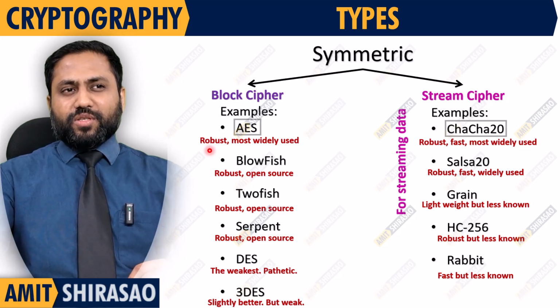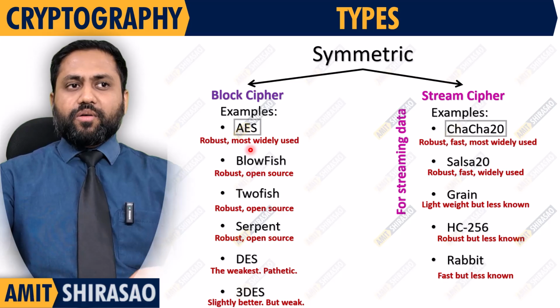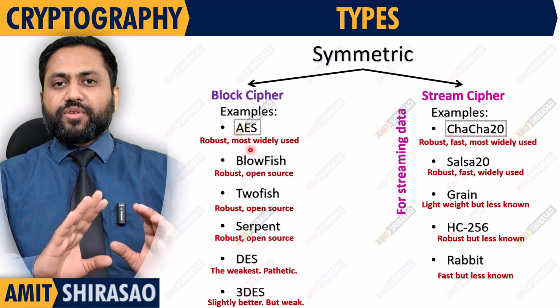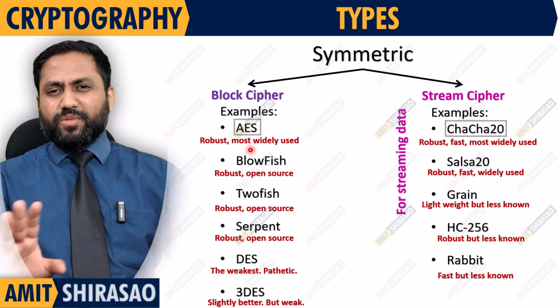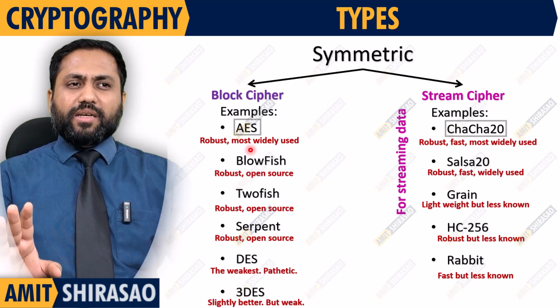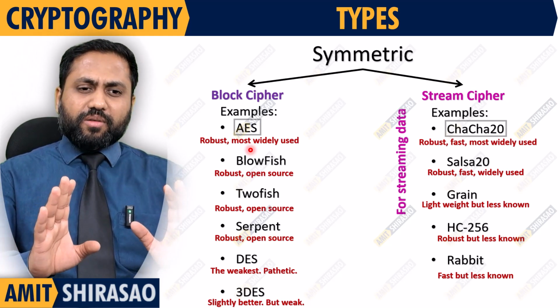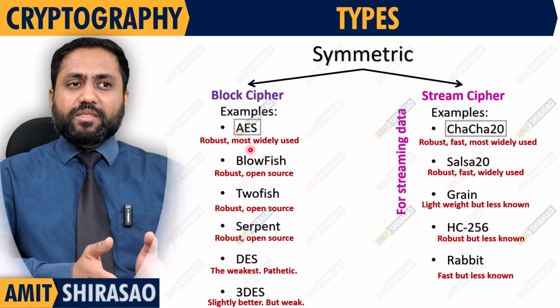These are the examples. Here AES is the gold standard of encryption. Most companies even today use AES. AES was developed by the US military, and later it came to be used by everybody. Whenever data is at rest, it is normally AES encrypted.